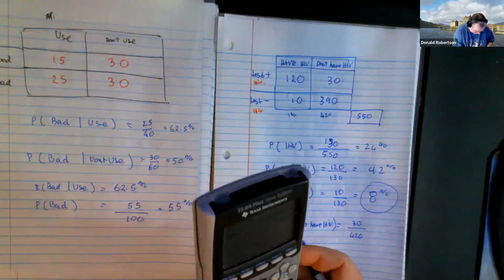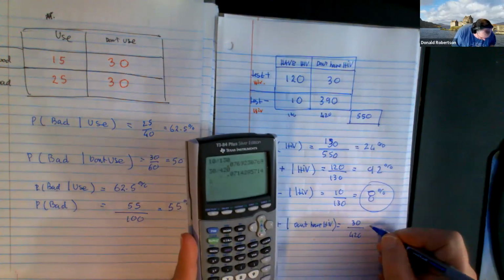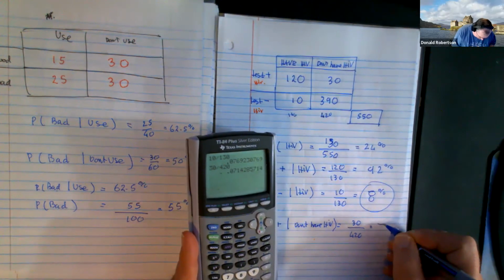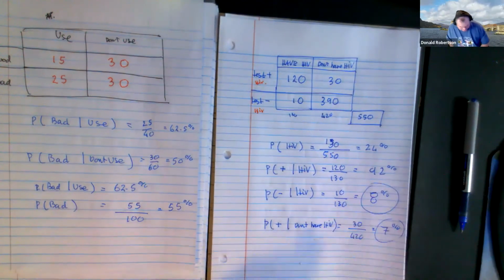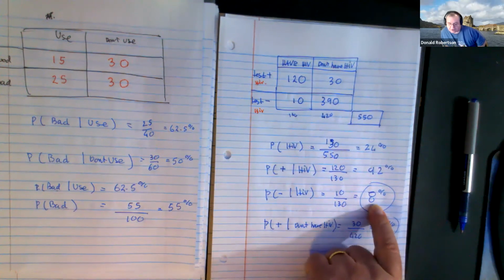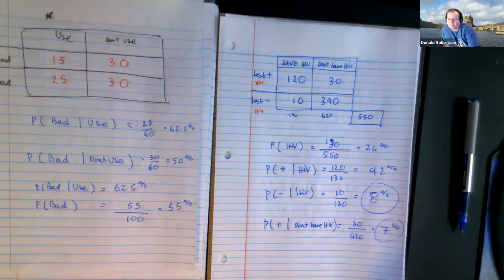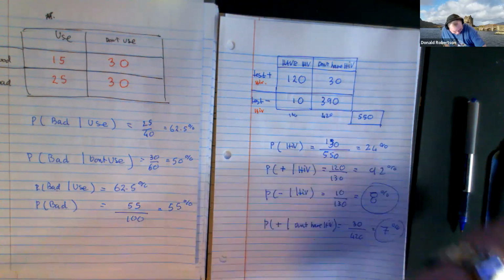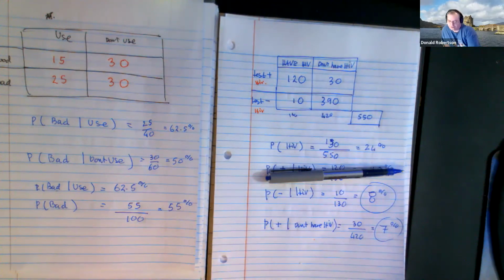And so we have 30 divided by 420, and this ends up being about 7%. So the chances of you having a false negative is 8%, and the chances that you have a false positive is 7%. Which one of those two is actually, in reality, the worst situation?